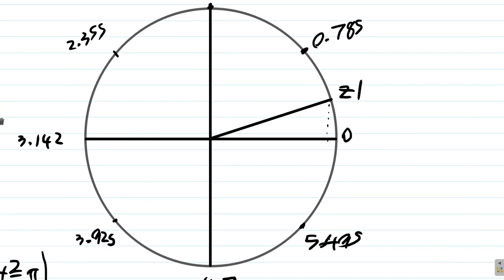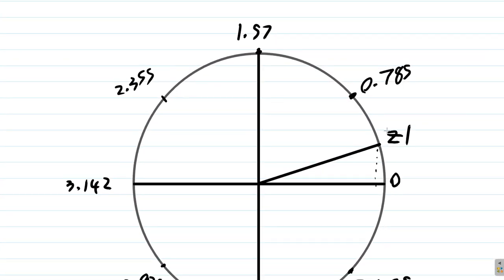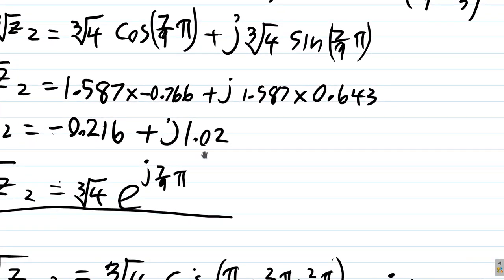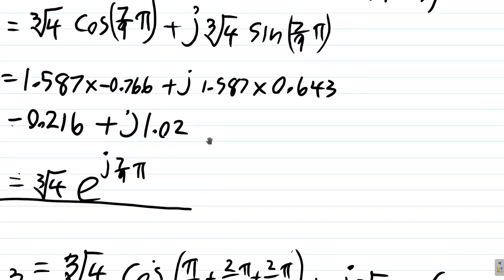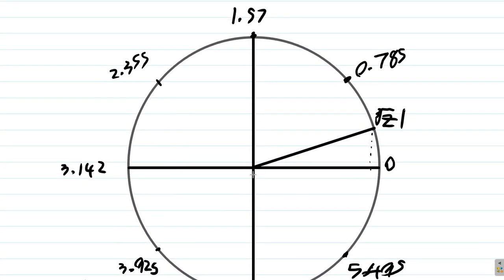Now, the other one. Oh, it's not z1 or z2, it's the cube root of z1. Then we have the cube root of z2. The second one is negative 0.216. All right, call it negative 0.2 plus j1. Approximate it. So we have negative 0.2, small distance, plus 1 up here. So this is the cube root of z number 2.